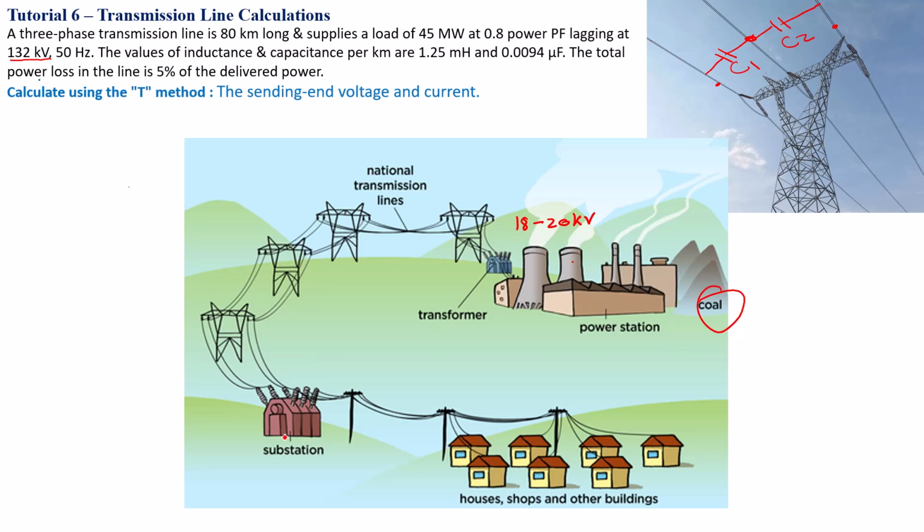And when it gets to a transmission substation or your local substation, these 132 kilovolt are stepped down to 66 kilovolts, then from 66 down to 33, then from 33 down again to 11 kilovolt.